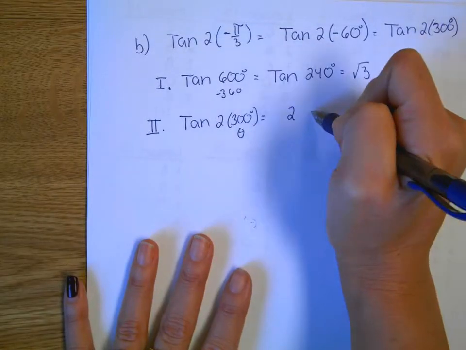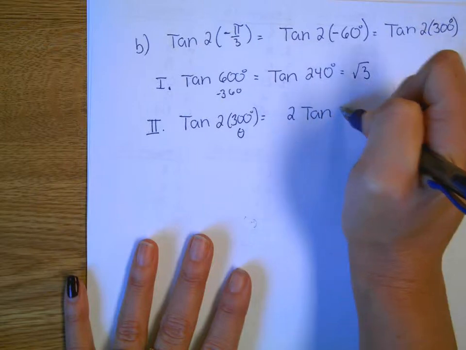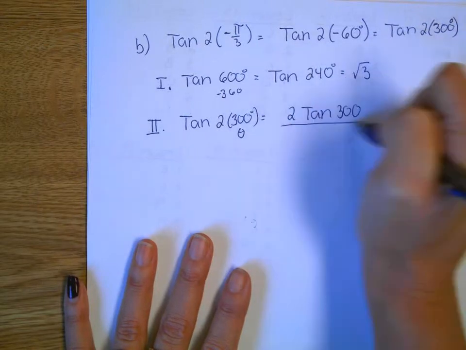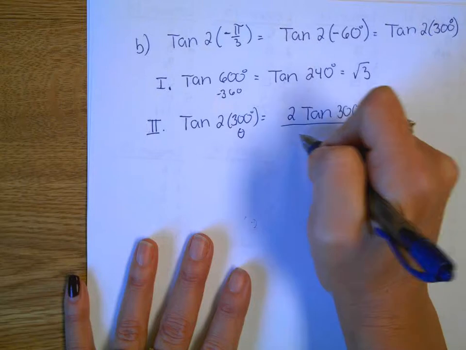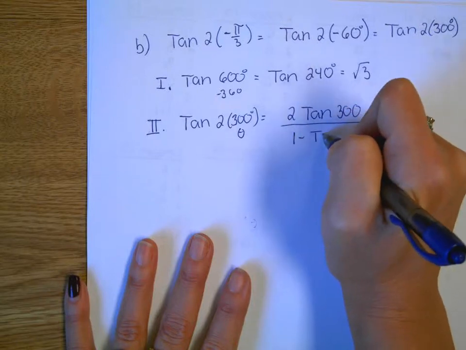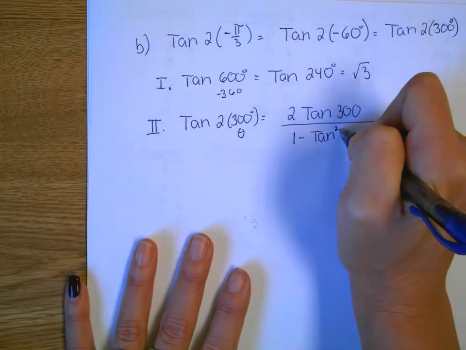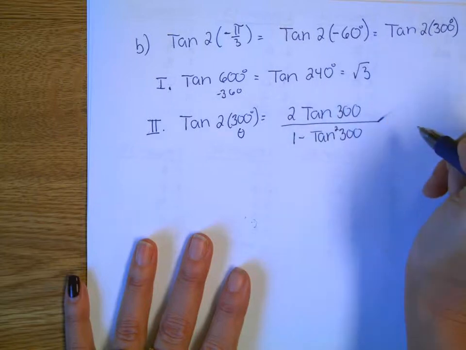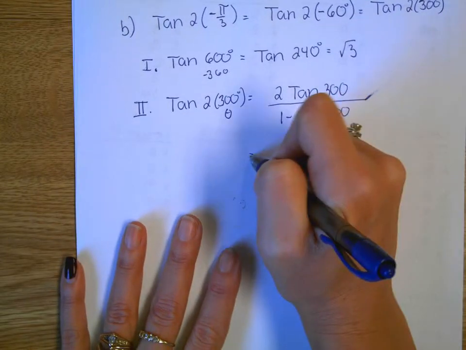So 2 tan of 300 over 1 minus tan squared of 300. All right, what's the tangent of 300?